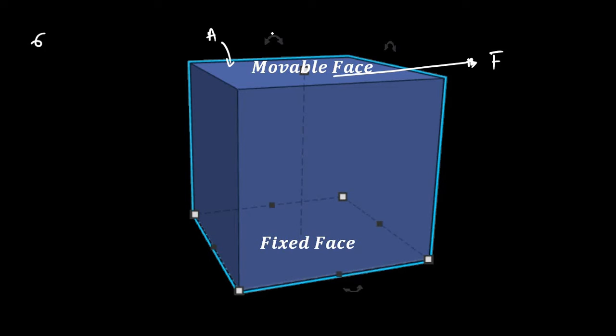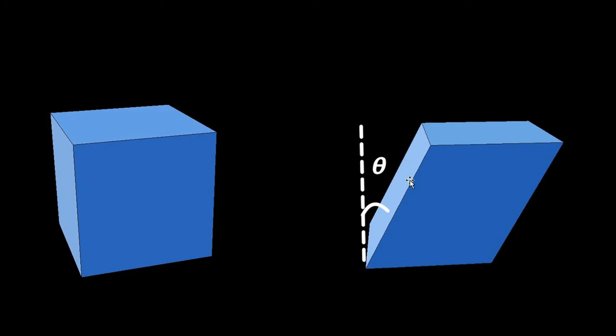This is the area of the face, so stress is F by A. In response to that stress, the movable face slides over the fixed face. This is the movable face, and this is the fixed face. So this causes bending of the material.